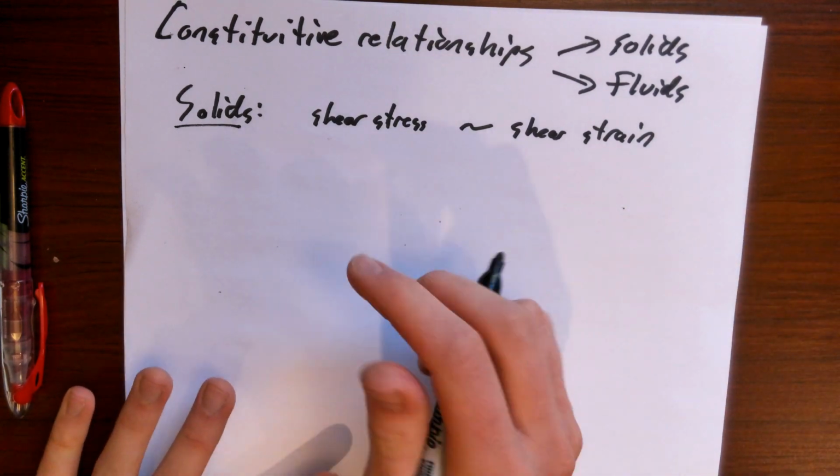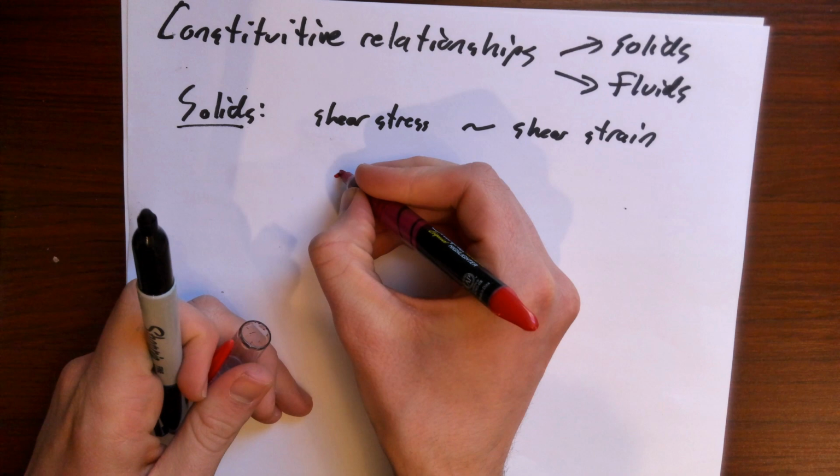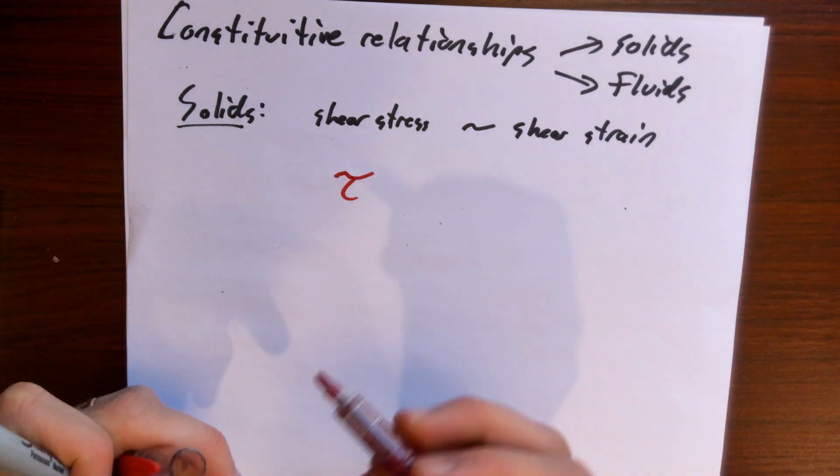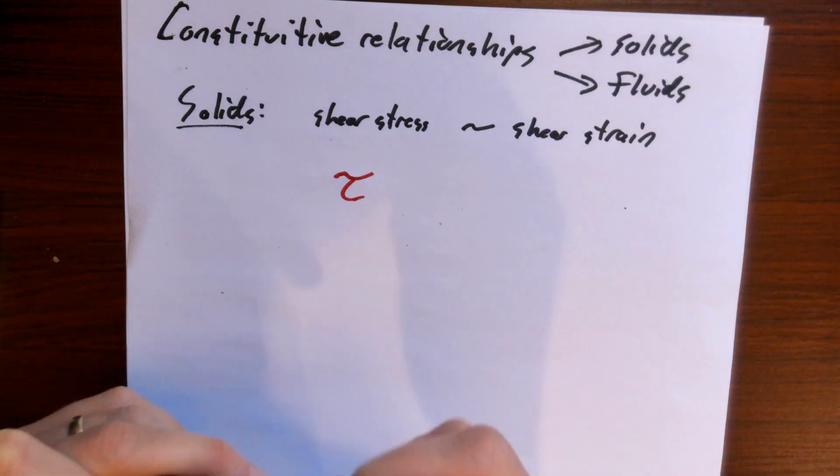Okay, so let's start working out an equation for that. If I think about shear stress, I might call this tau. Let's not worry about subscripts for now. Let's just say shear stress generally.